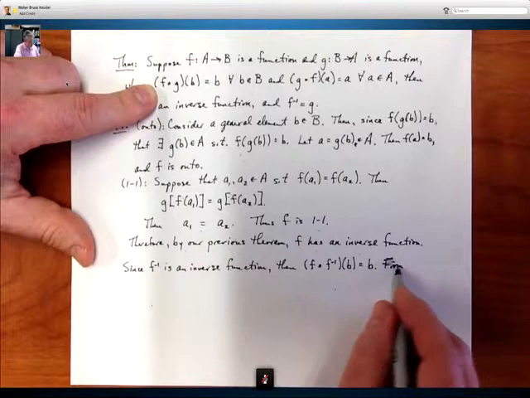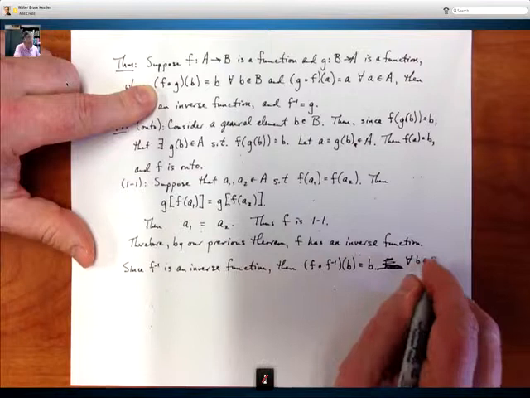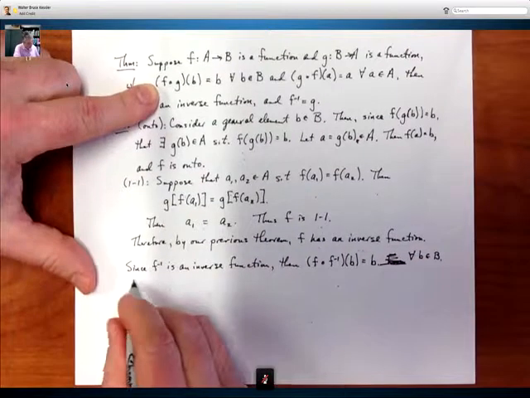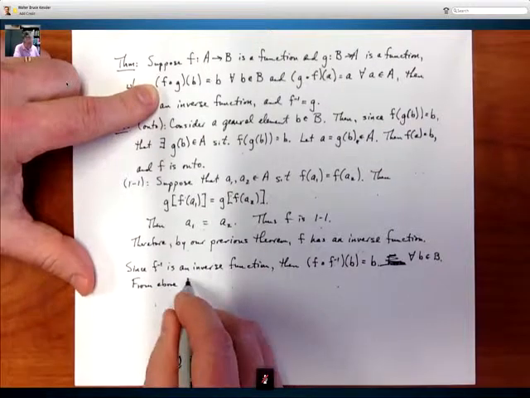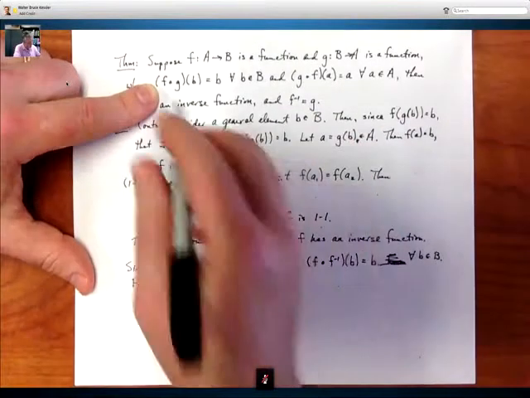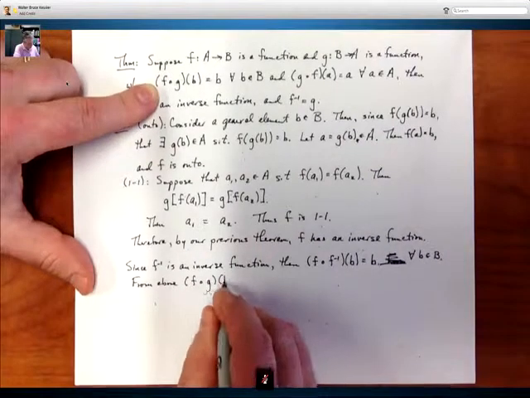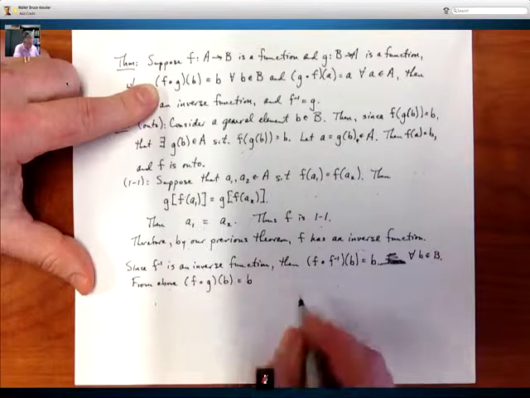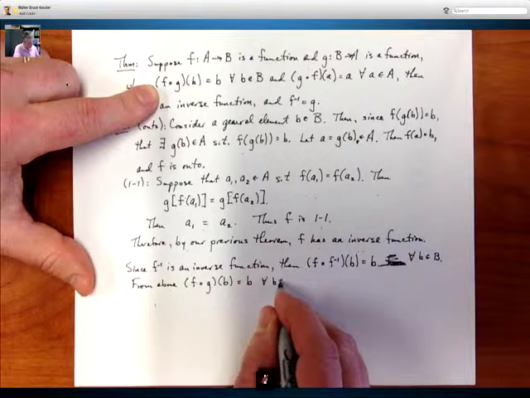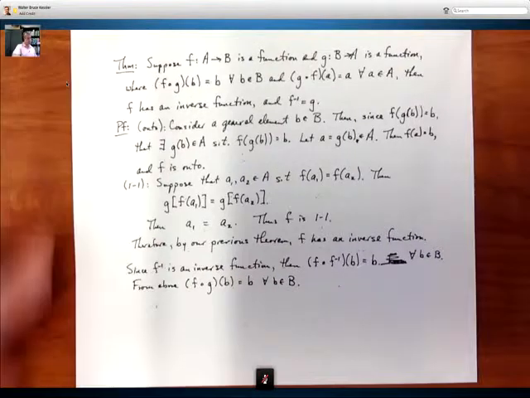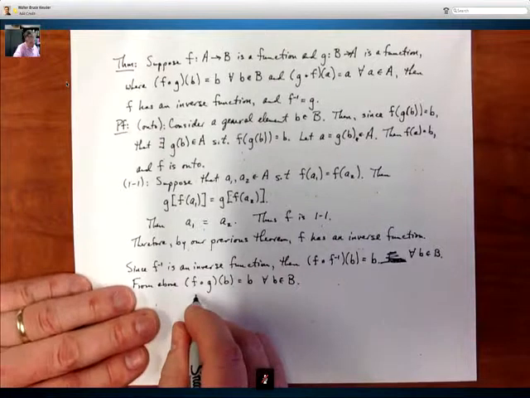And this is for all B in the set B. From above, F of G of B equals B for all B in the set B. That means they're equal, right?